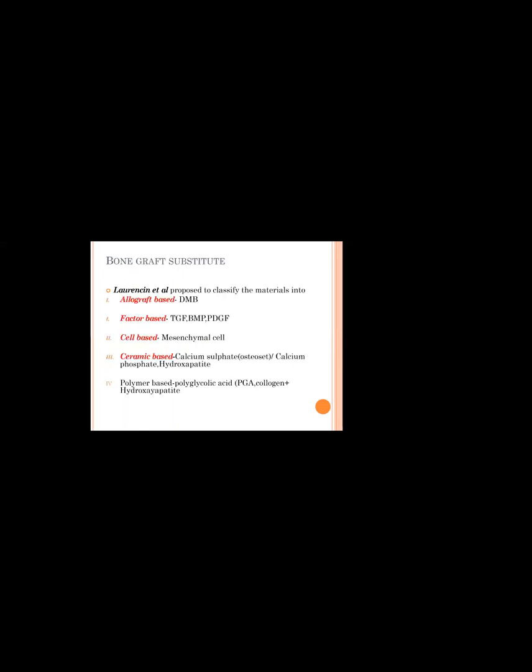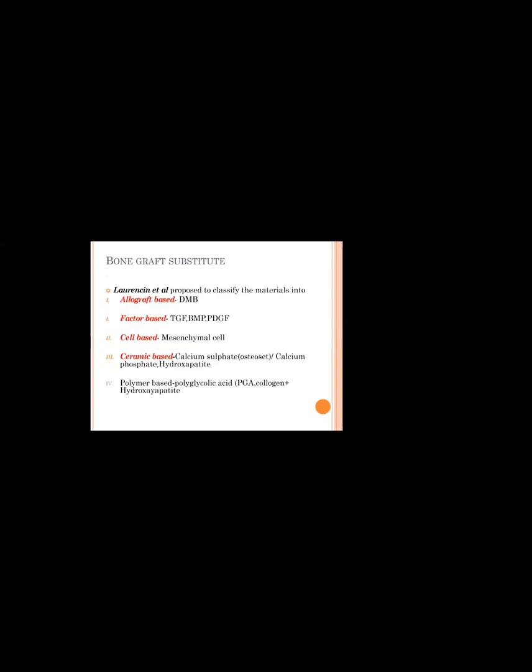Advantages of this include that it eliminates the donor site morbidity. It tackles issues of limited supply. The disadvantages include immune reaction, risk of infection, disease transmission, and also reduced osteoinductivity and osteogenicity when it's being prepared, and of course some ethical issues.